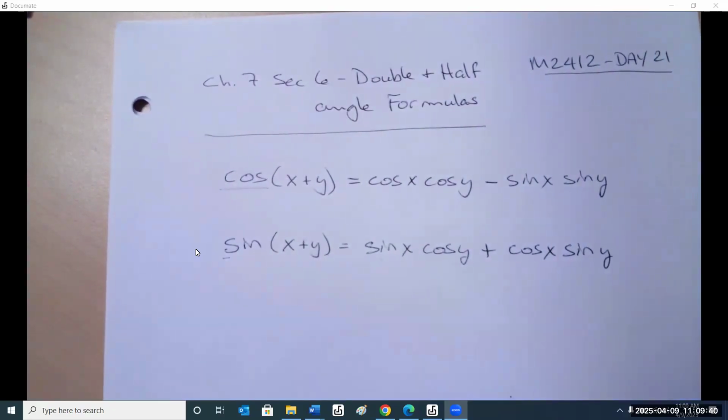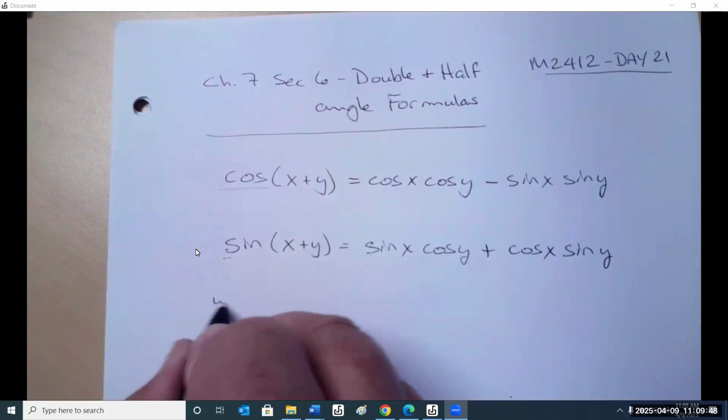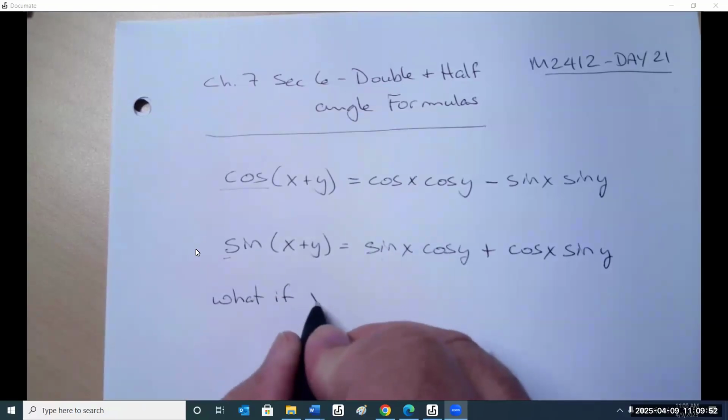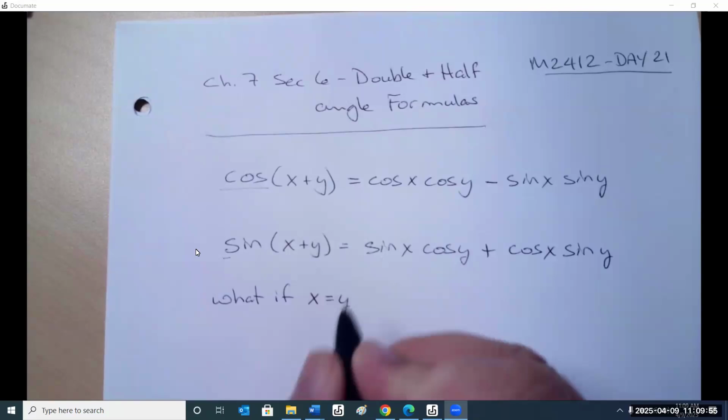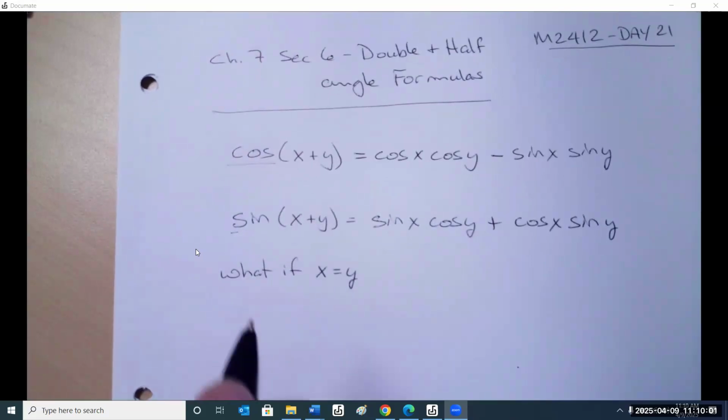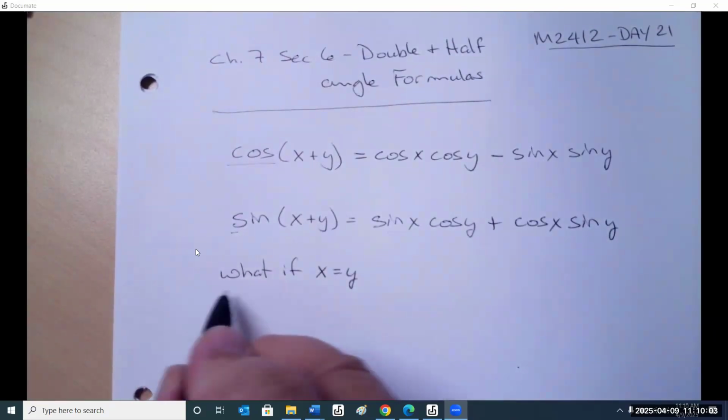These are the angles we did last time, the sum and difference angles. But what if x equals y?